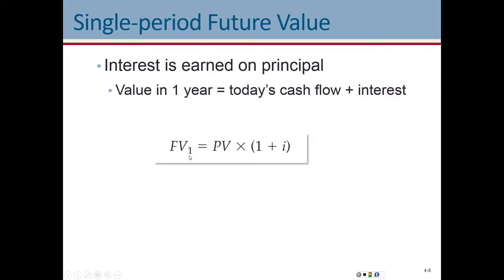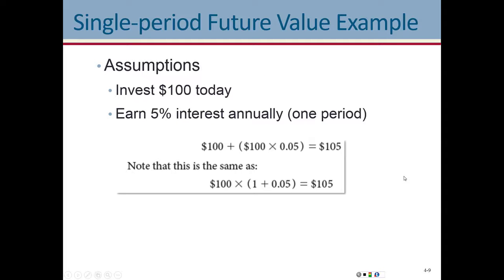Future value in 1 year is equal to present value, that is whatever we have today, times 1 plus the interest rate. It's the same thing: if we factorize 100 from this term, this becomes 1 plus the interest rate, which is what we have right here.